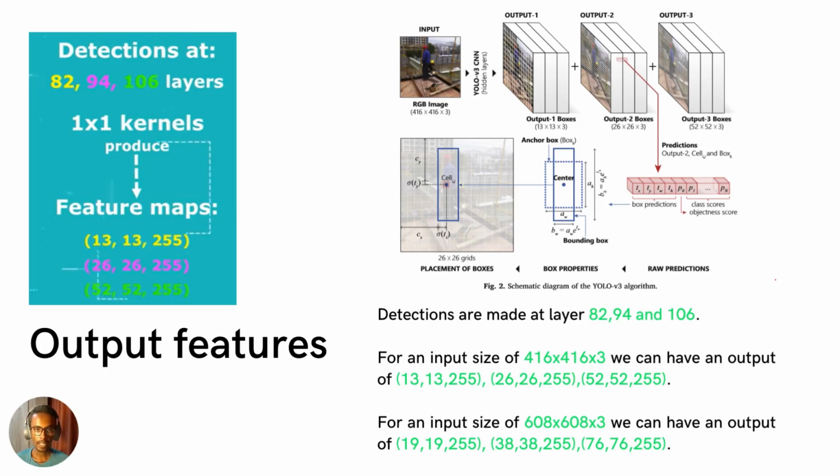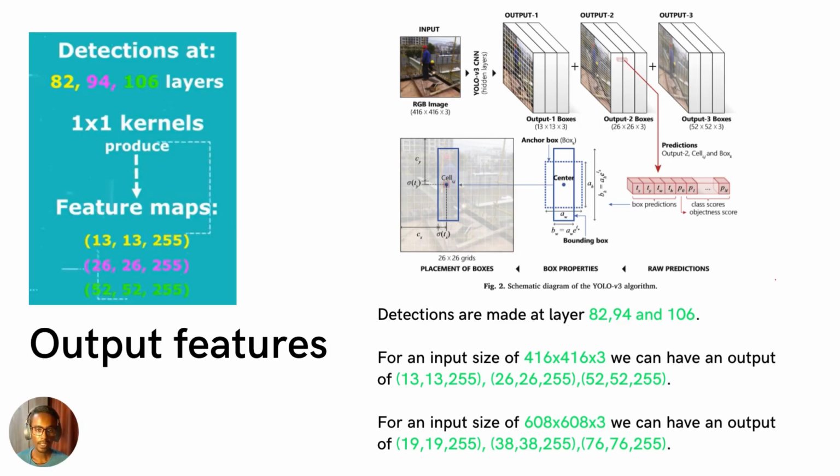So let's take a look at the outputs from the different scales. Detections are made at layers 82, 94, and 106. For an input size of 416 by 416 by 3, we have an output of 13 by 13 by 255, which is the output on layer 82.